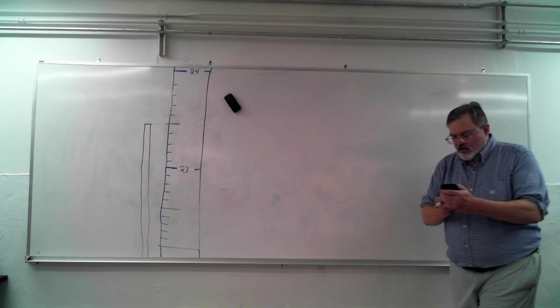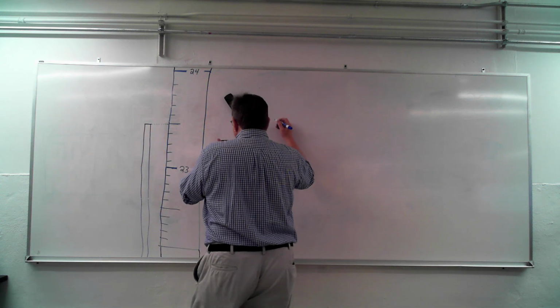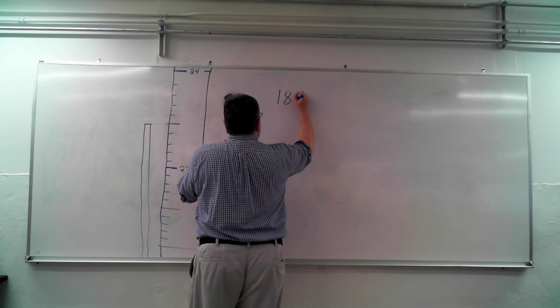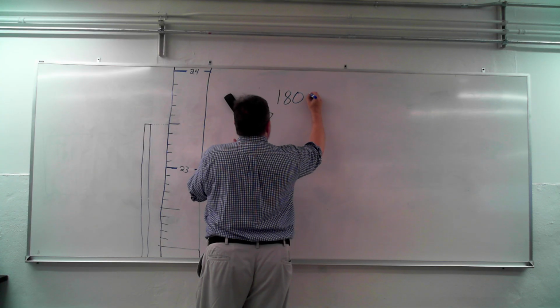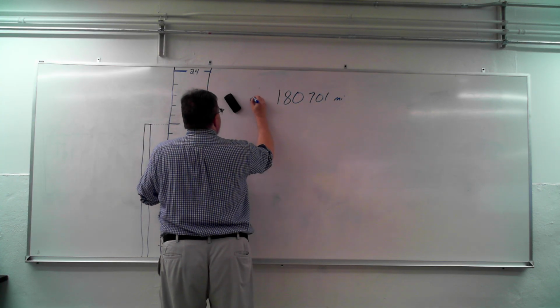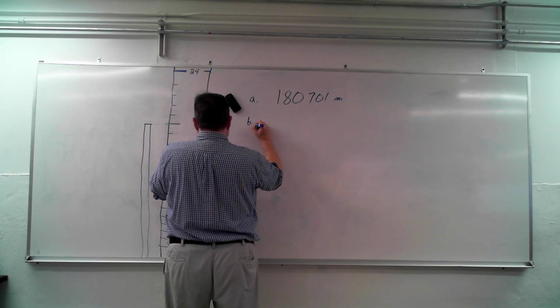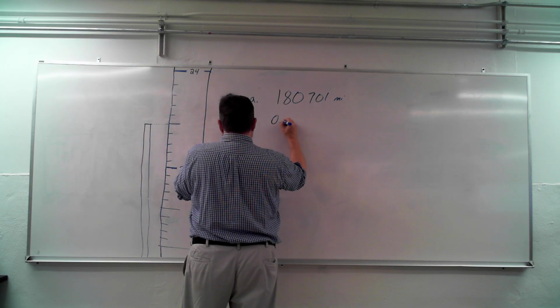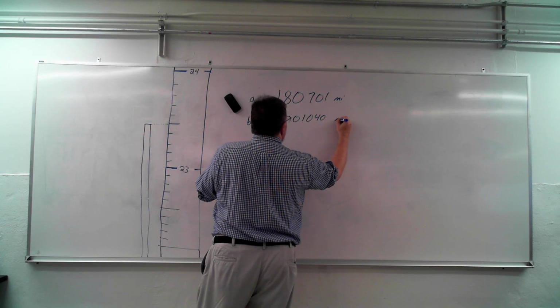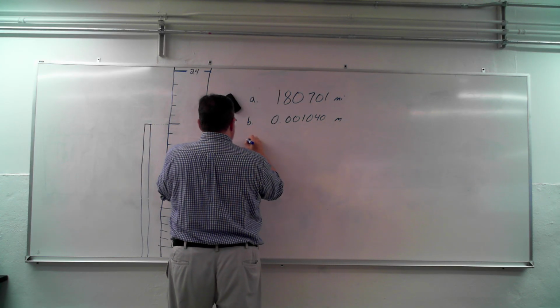40. This problem includes units, and I haven't talked about units yet. That one's in miles, that's A. B is 0.00140. M is meters, but we'll get to those.